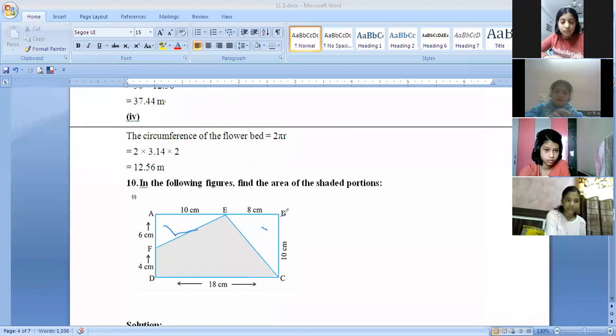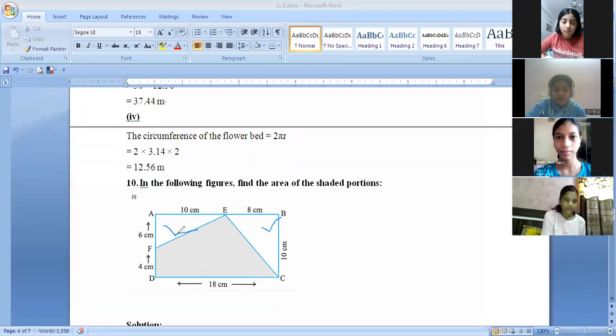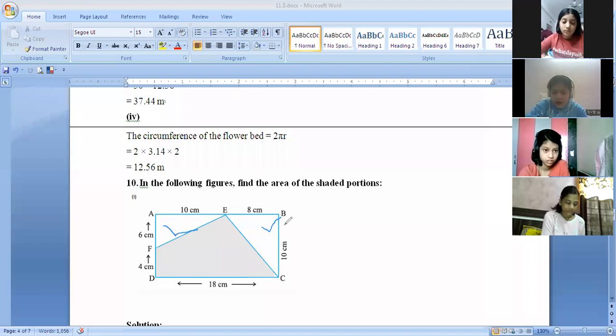Then we are going to find out the area of this triangle, EBC. First we'll find out the area of a rectangle, then this triangle, this triangle. Then from the rectangle, we'll cut this portion. That means we are going to subtract this portion and this portion also. So we will get the area of the shaded portion.